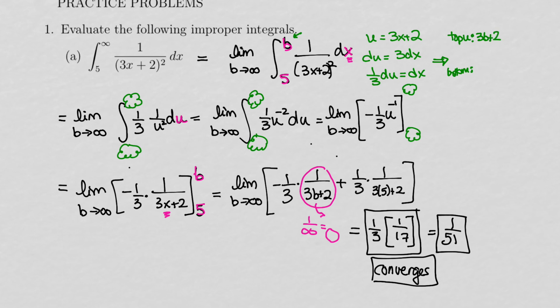So the top limit is when you take those numbers and put them in place of b. Then you could rewrite your integral with those new limits, 17 and 3b plus 2, directly on your integral, and work it out from there, because you've changed to u limits.